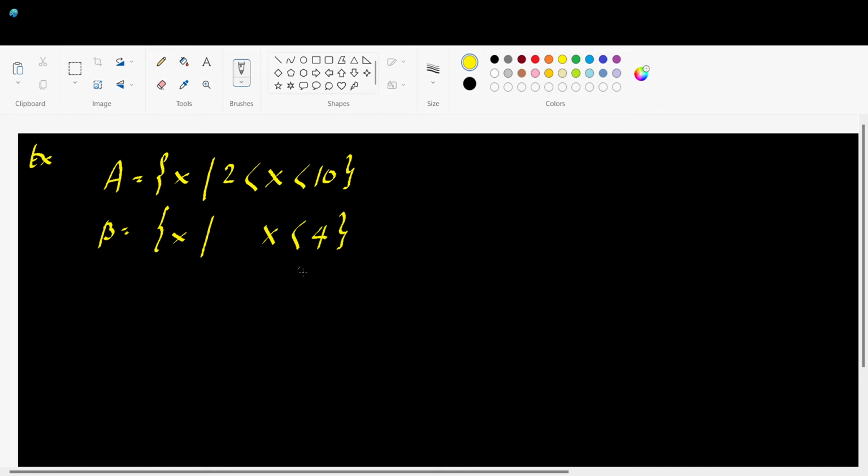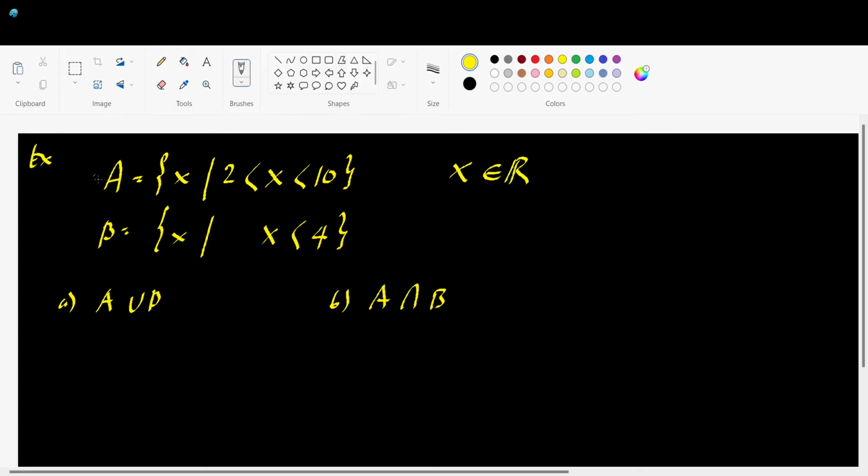Alright? What will be the union of A and B and the intersection of A and B? Both A and B are sets of real numbers, not just integers. It is not specified here that x is an integer or a natural number.